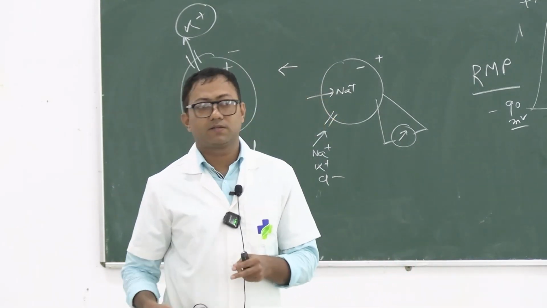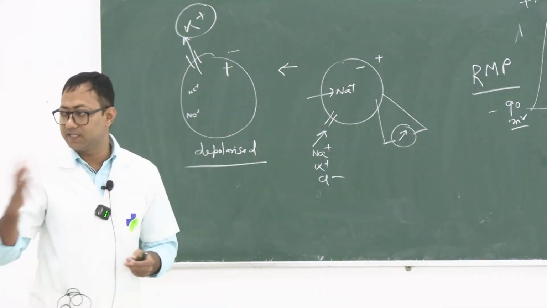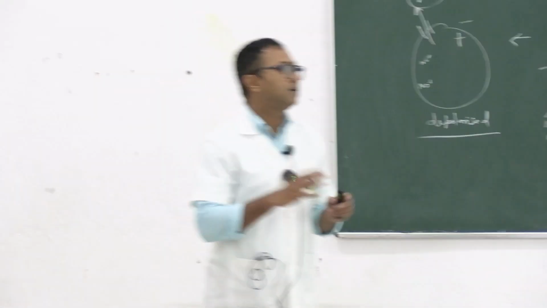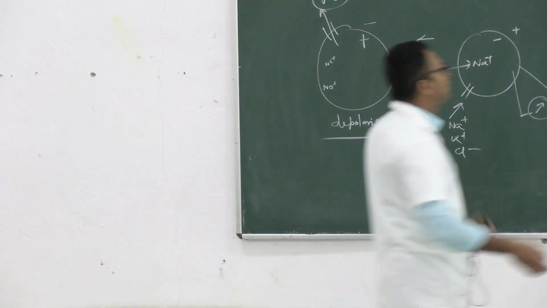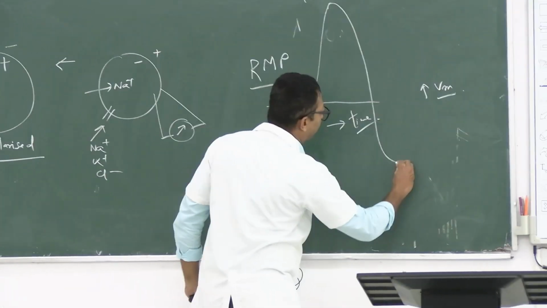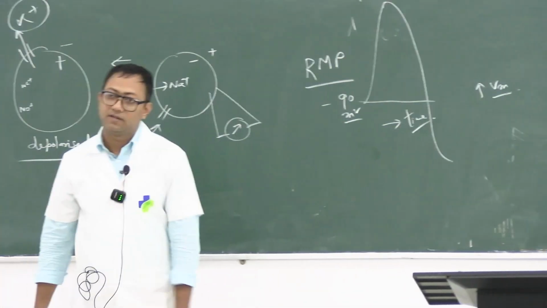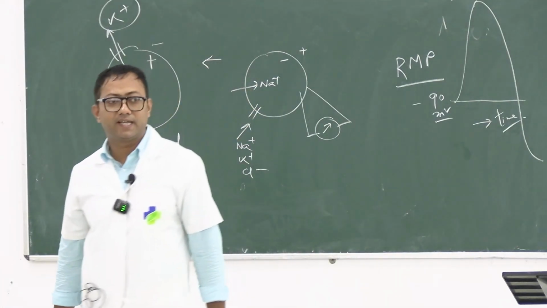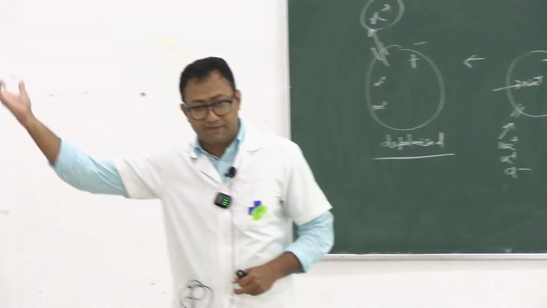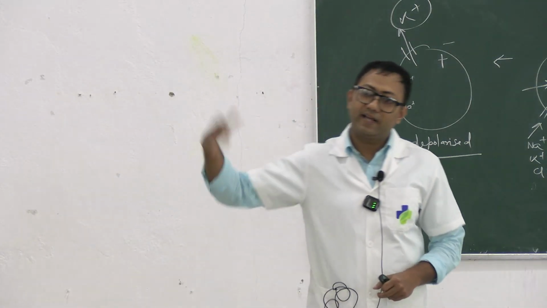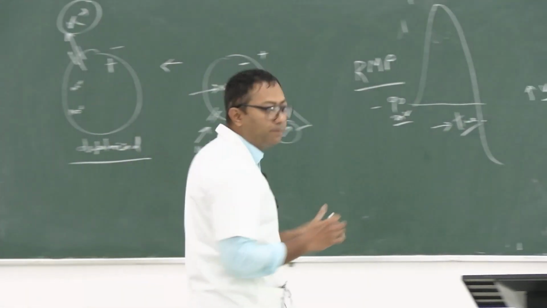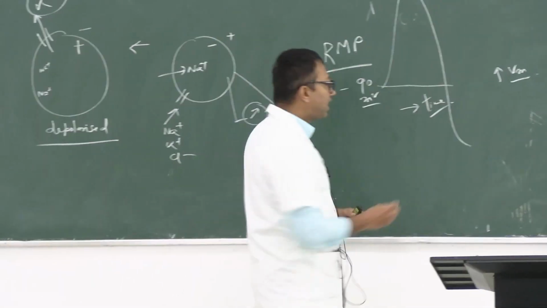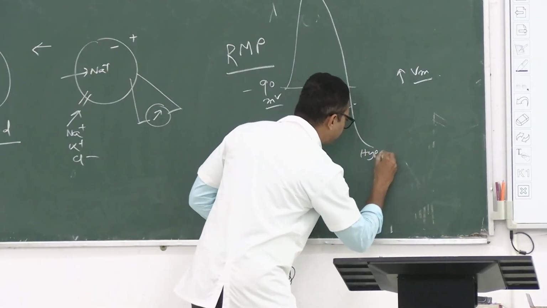But during the process, as potassium exits, the membrane potential sometimes comes below the resting membrane potential. That means the inside becomes even more negative than the resting membrane potential. We call it hyperpolarization.